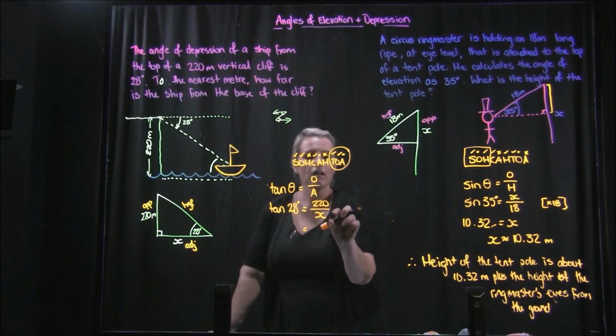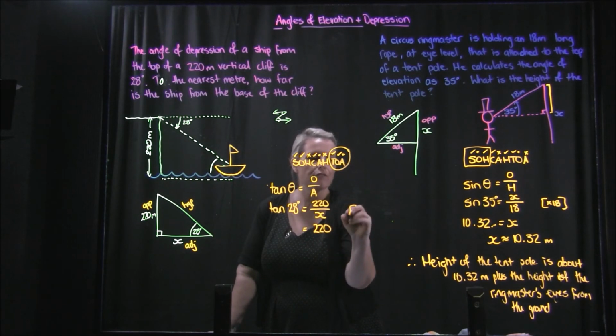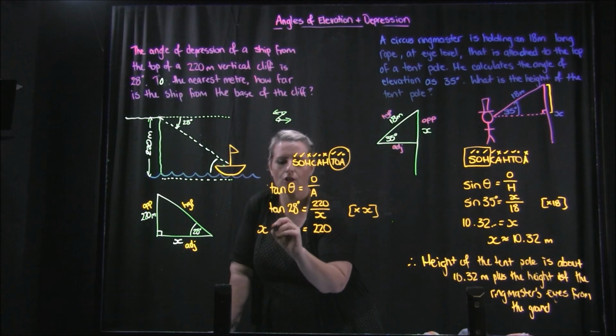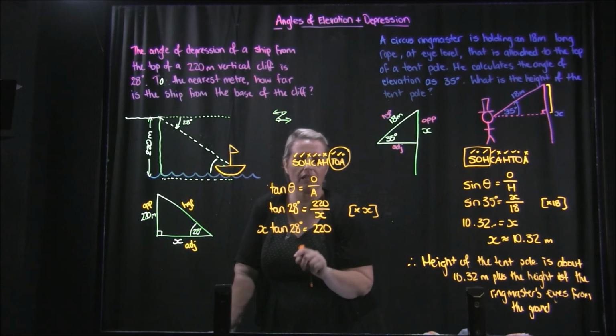Remember, if I'm dividing by x, I can't just multiply by 220. To get it on its own, the first thing I have to do is multiply by x on both sides. That gets rid of it here.